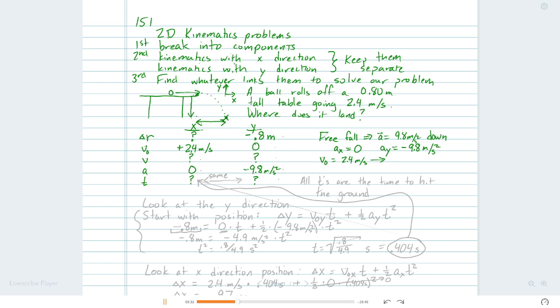How many equations do we have? We have 2, right? Position equation and velocity equation. Except they have to be true for both x and for y, so that turns it into 4 equations. So I have 4 equations, and we get to solve 4 equations for 4 unknowns.